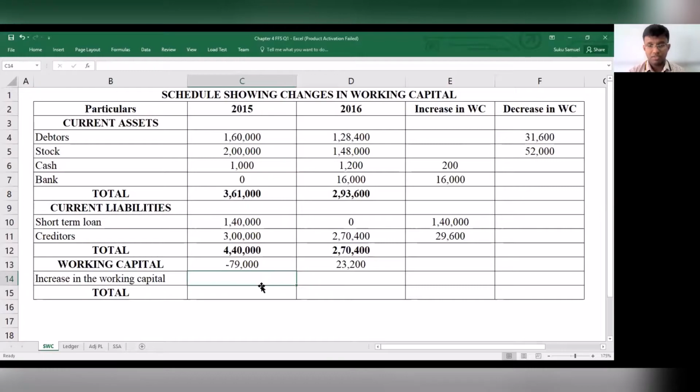So the answer is 92,200. Let's quickly cross-check my calculation just to be sure that I'm absolutely correct.